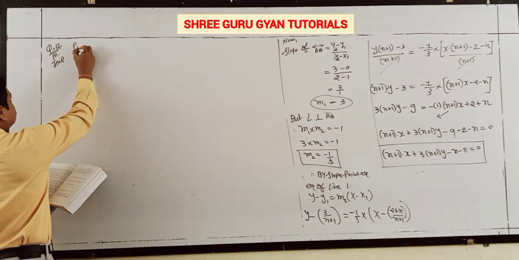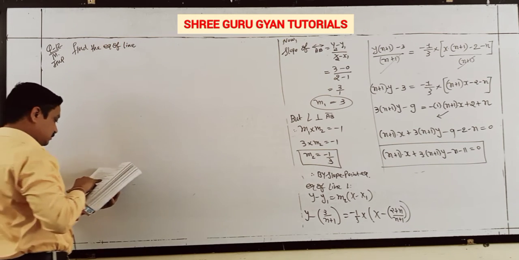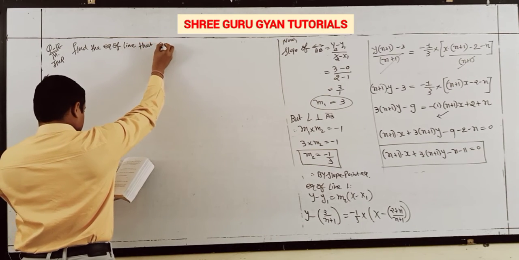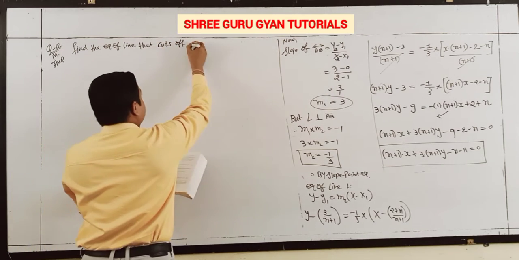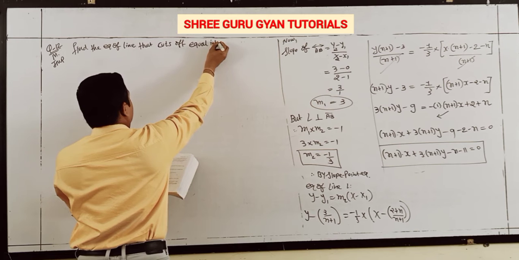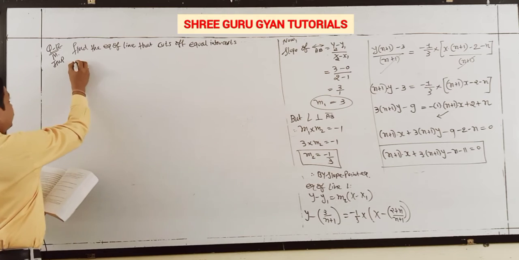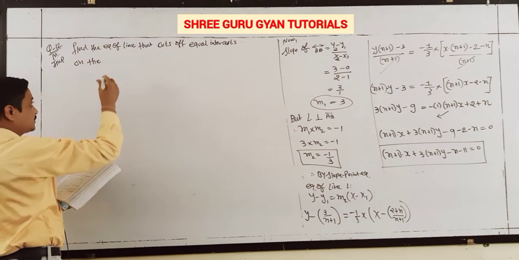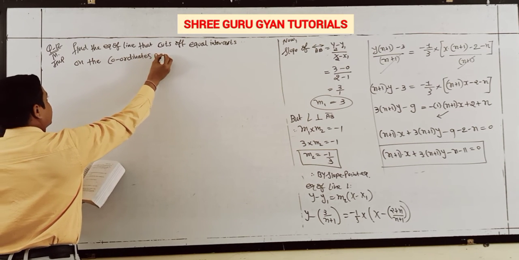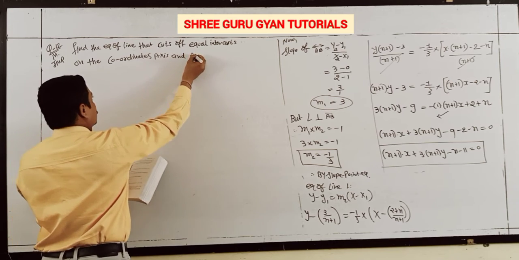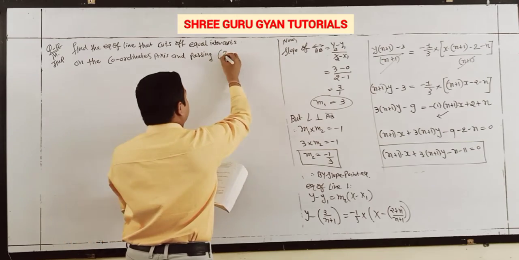Find the equation of the line that cuts off equal intercepts on the coordinate axes and passes through the point 2, 3.